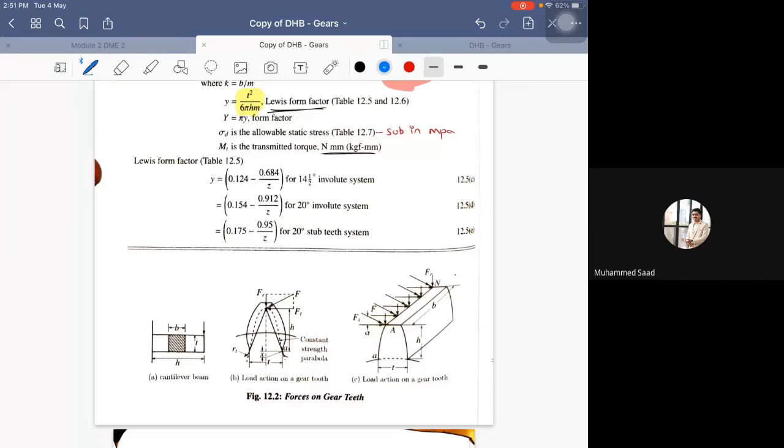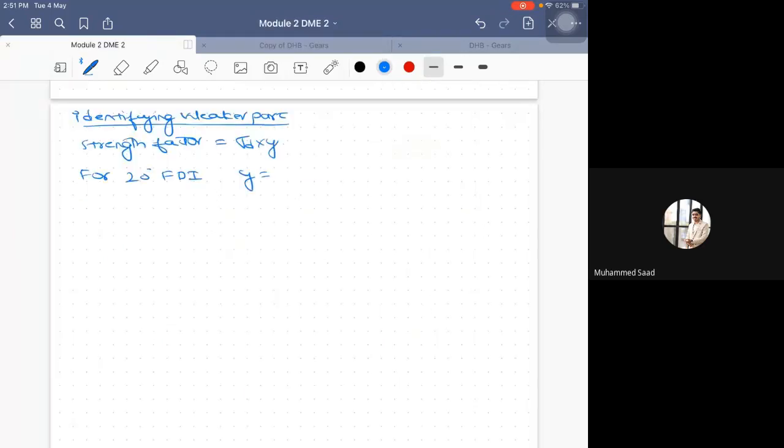So it is 0.154 minus 0.912 divided by Z. So do you have the value of Z1 and Z2? Just calculate Y1 and Y2. 0.154 minus 0.912 divided by Z1 value, which is 31.